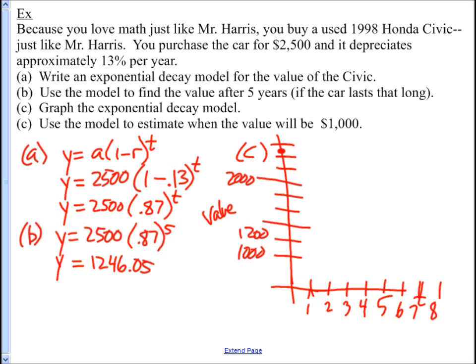Please do it better on your paper. T years for the horizontal axis. There we go. Okay, we said after 5 years it ended up being 1246, about right here-ish, right? And now let's use this model here.